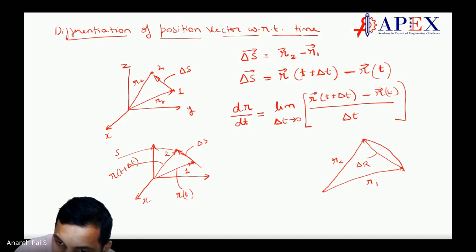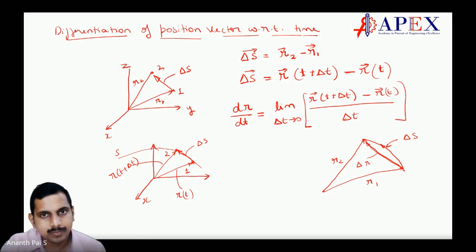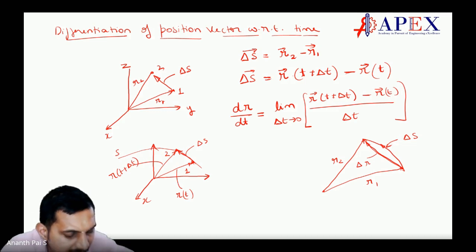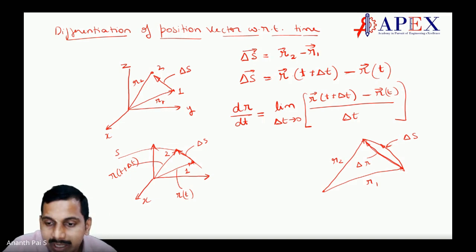What is delta S? Delta S is along the curved length. See, delta R is this one. Okay. This is delta R. Delta S is along this curved line. Now, delta S tends to delta R when this angle becomes very less.